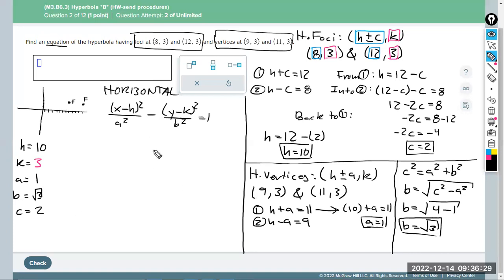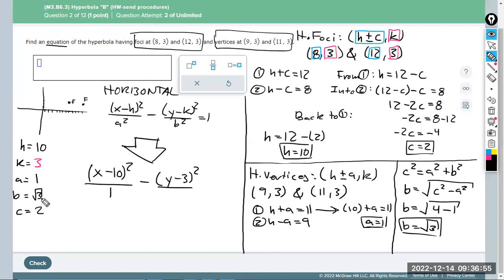All right. Now we can substitute in the equation because we have all the pieces, and it will look like this: x minus 10 squared divided by a, that is 1, squared. Minus y minus k, that is 3, squared divided by b squared.